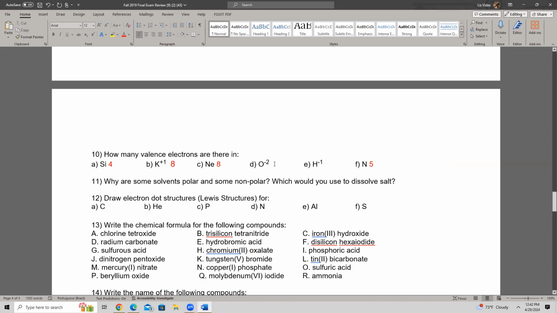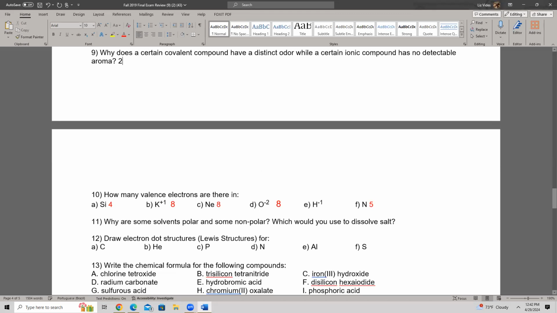Oxygen has 6 normally. And it gained 2, so it also has 8. Hydrogen, in this case, gained 1, yes? So it has 2, because it normally only has 1.